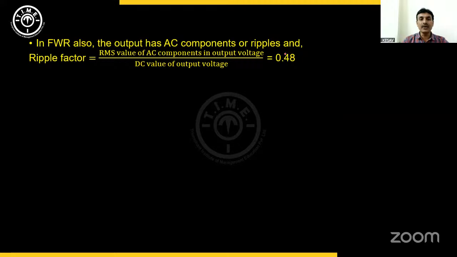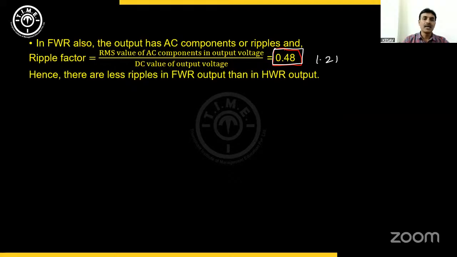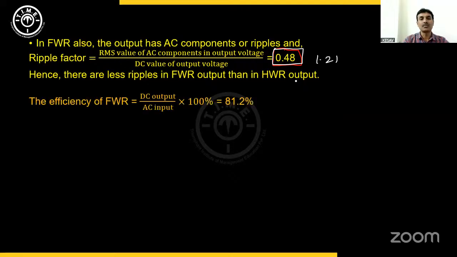For full wave rectifier, that value is 0.48. Do you remember what is this value for a half wave rectifier? See, for a half wave rectifier, it is 1.21. But for full wave rectifier, it is only 0.48, much less than a half wave rectifier. Hence, there are less ripples in full wave rectifier output compared to the half wave rectifier output.